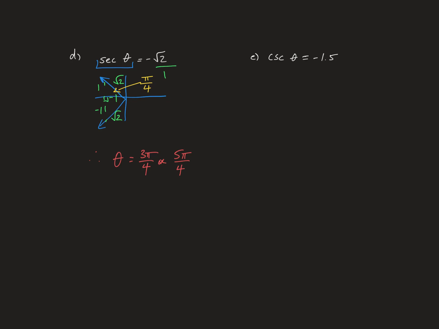However, I understand that not everyone is as comfortable with reciprocal ratios as they are with their primary. I could have a number of people that would say, well, I think I would prefer to replace that secant with 1 over cos.